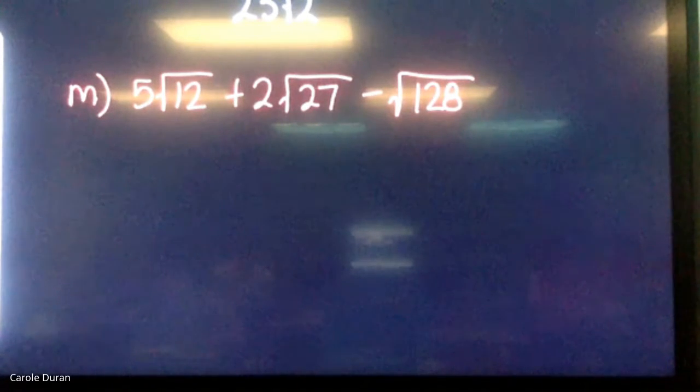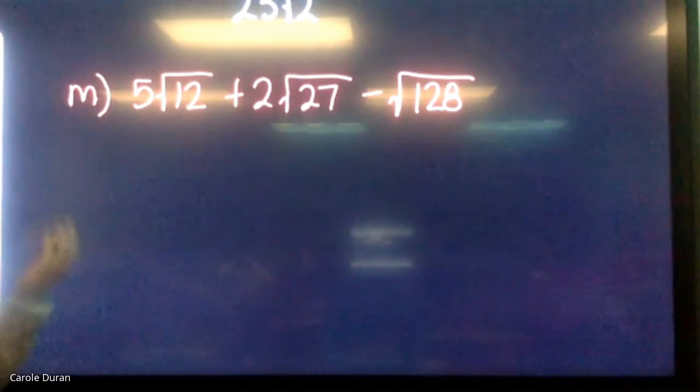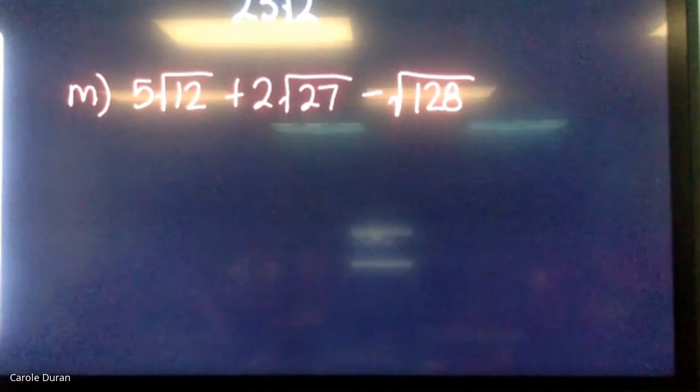We work from left to right typically, yes, just like we read a book. First thing I need to check, are all 3 of these the same root? Yes, which means if I can get them to simplify far enough, I can put all 3 together. No guarantees, but it is a possibility. Do they all 3 contain the same value under the square root? No, so I know I need to simplify.